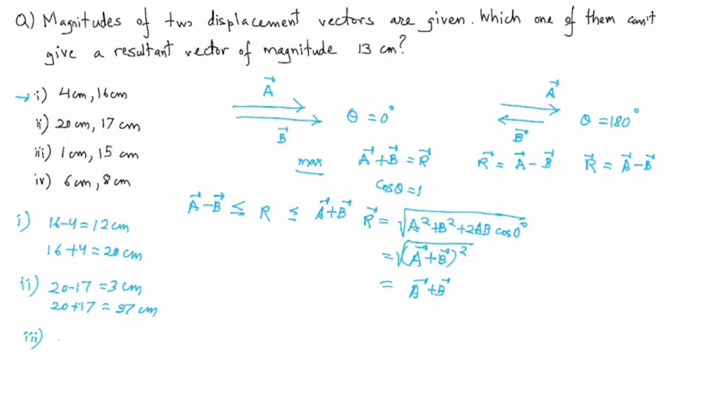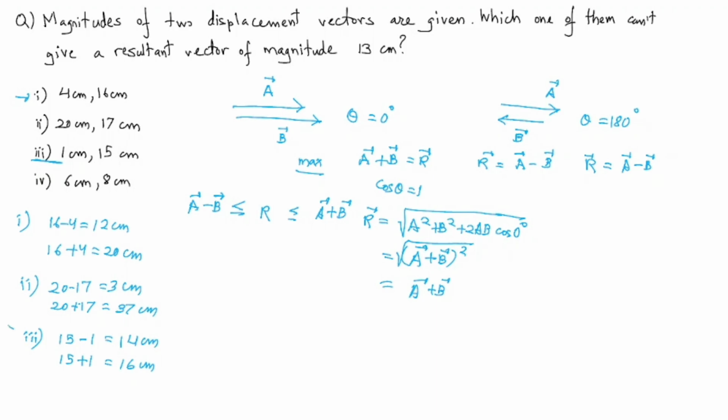In this case, 15 minus 1 equals 14 cm and 15 plus 1 equals 16 cm. So this is the correct answer. This cannot give the displacement vector of 13 cm, right? It's not possible.